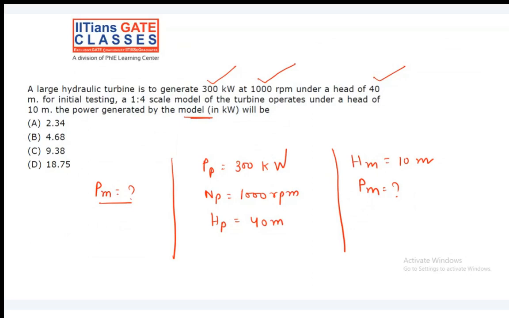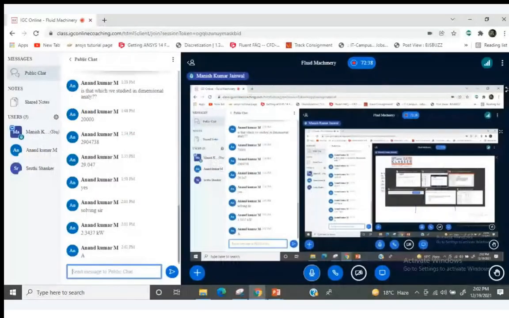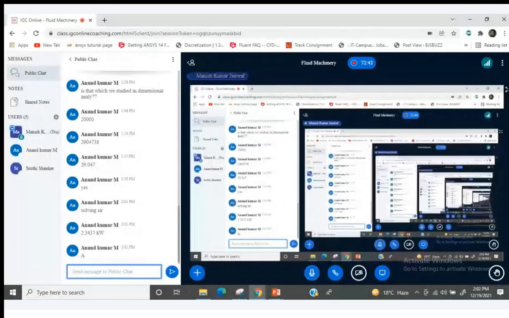Tell me the value. A option. A option is 2.34. Very good.